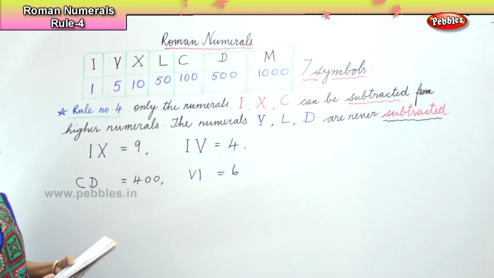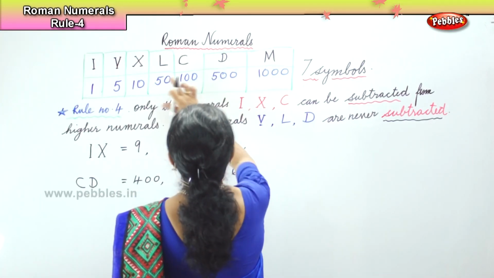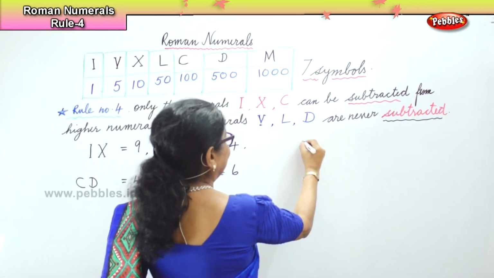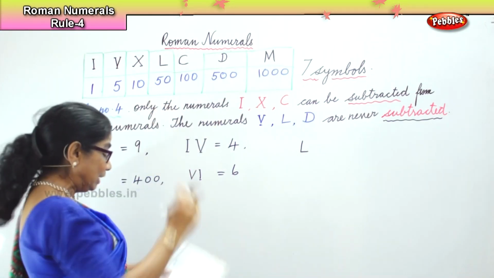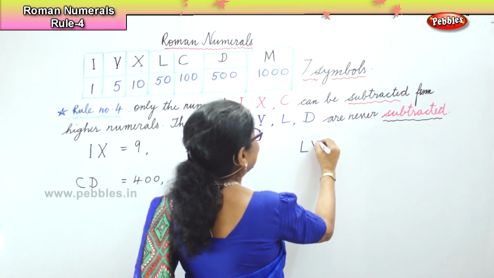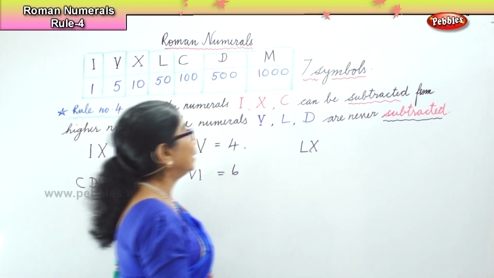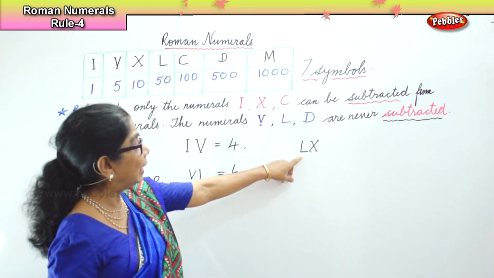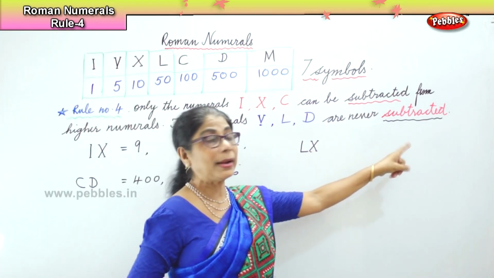Now, let's look at another number. Let's look at L, which is 50, and then this is 10. L never gets subtracted.